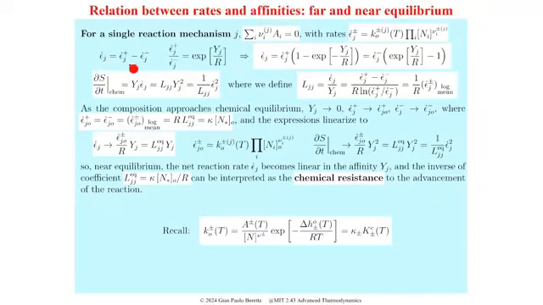Now we can write this difference also by using this ratio in this way. We factor epsilon plus out, and inside remains epsilon minus over epsilon plus, which is e to the minus the affinity. Or we can factor also epsilon minus, and this is the equivalent expression.